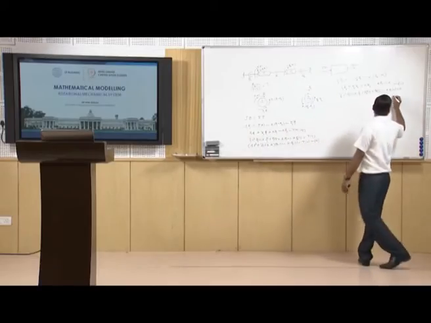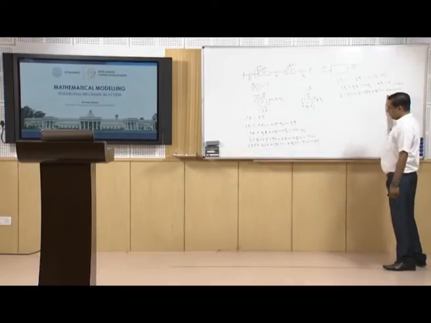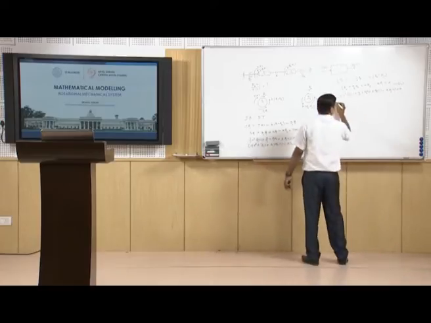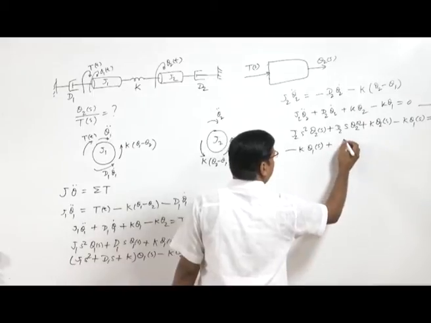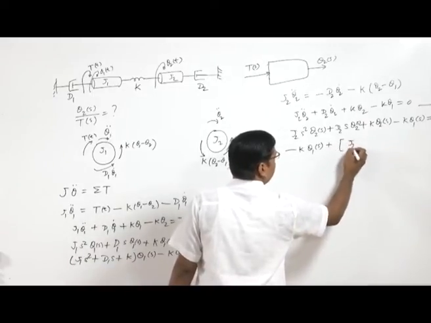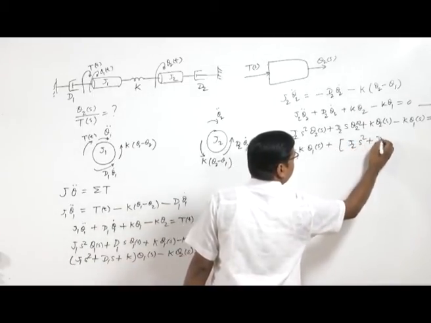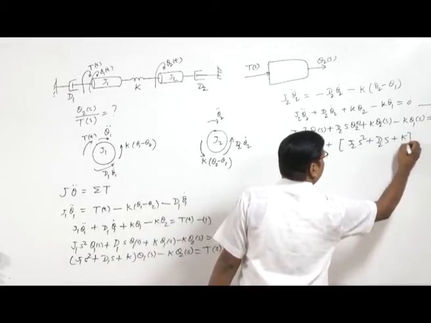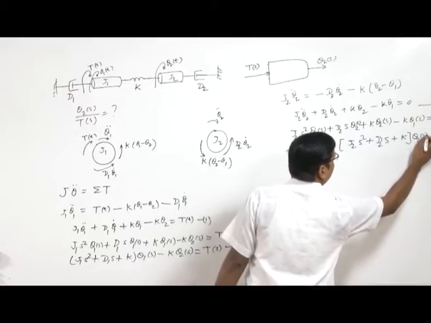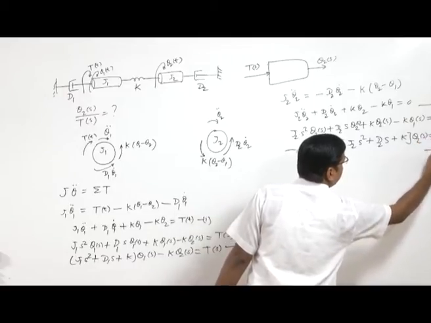We can write this equation in this form: minus K theta 1 s plus (J2 s square plus D2 s plus K) theta 2 s equal to 0. So this is equation number 4.